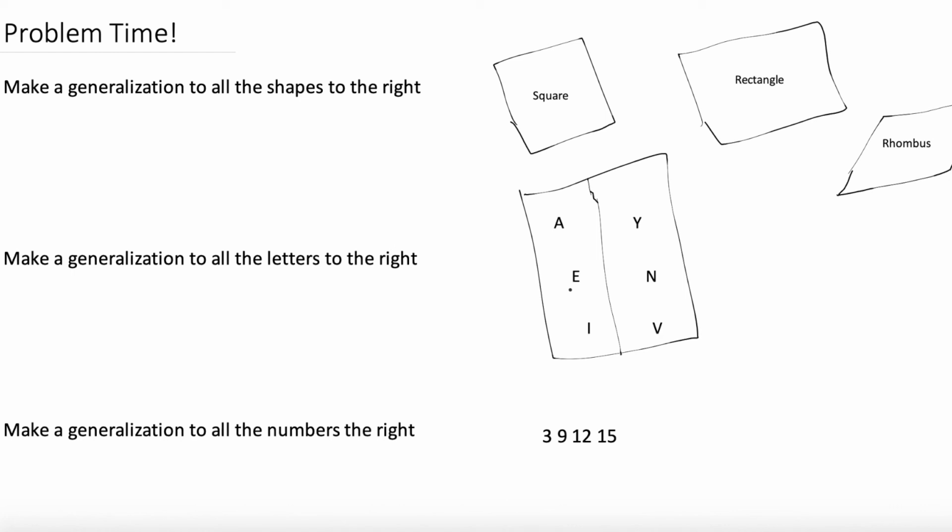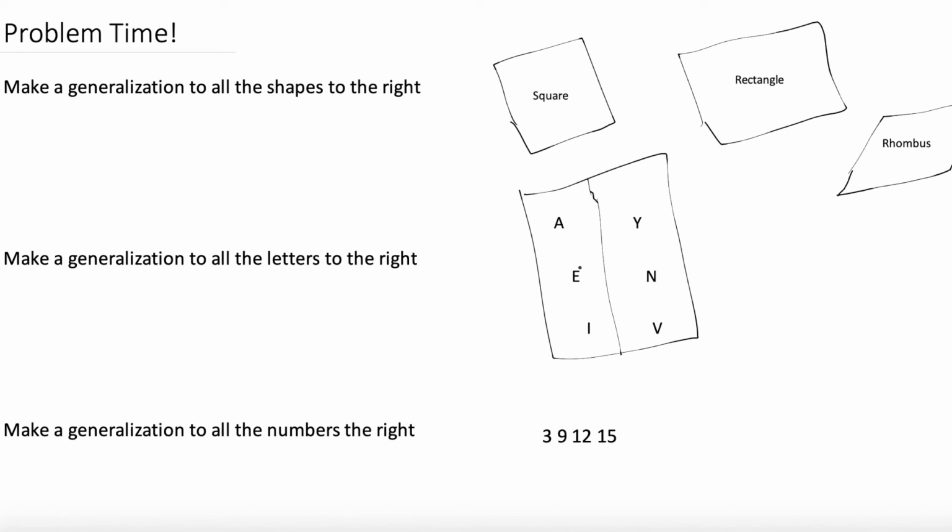We have A, E, I, and Y and V in different groups. A good generalization would be: the left half is in the first half of the alphabet, and the other half is in the second half of the alphabet. That's a really good one, actually.